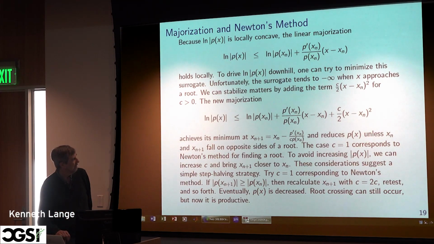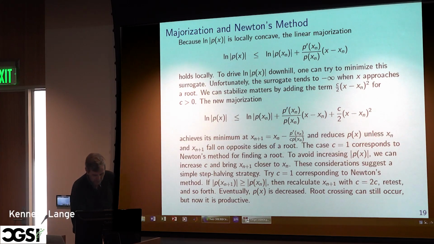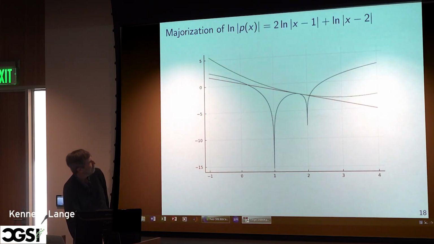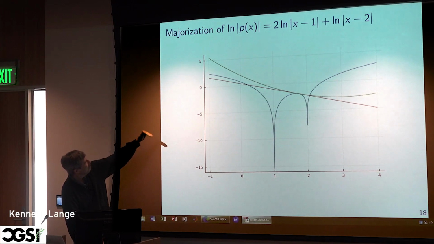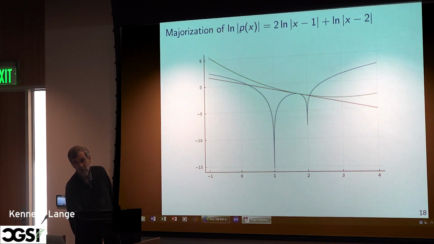Okay. So if you go back to the graph, unfortunately what happens, so your new surrogate is now the green curve. It has curvature, it's a quadratic. You can find its minimum. Now its minimum may take you outside one of these regions between two roots. So to make this work, sometimes you have to back up.